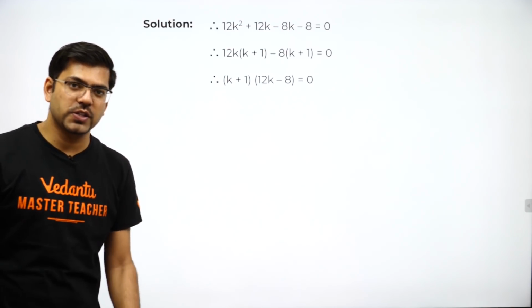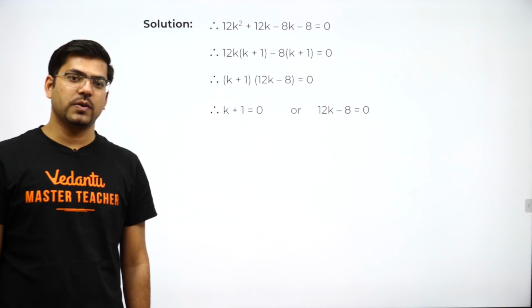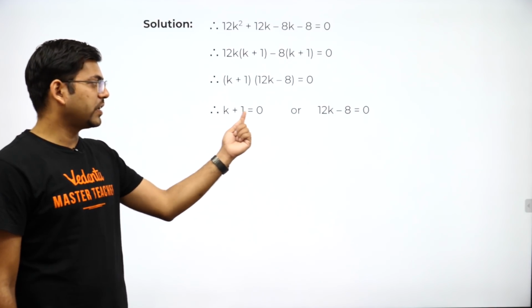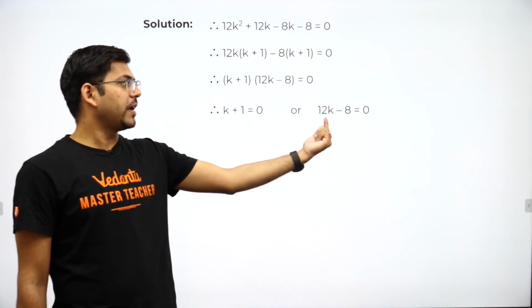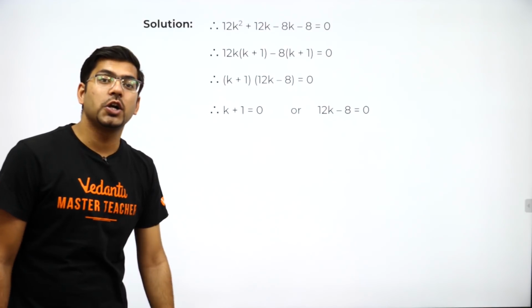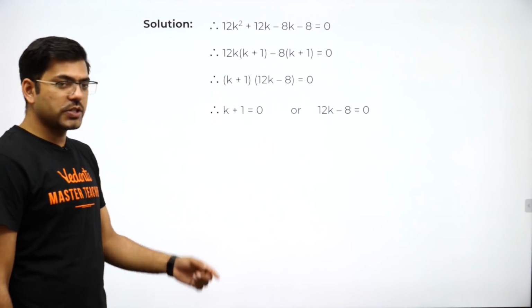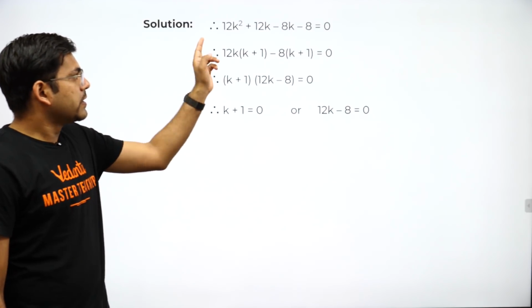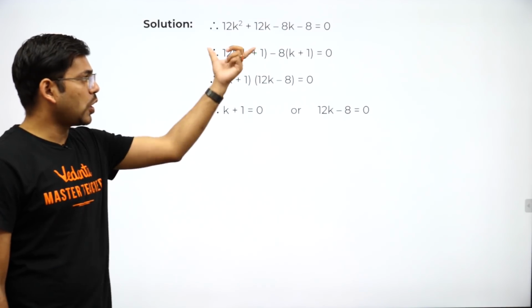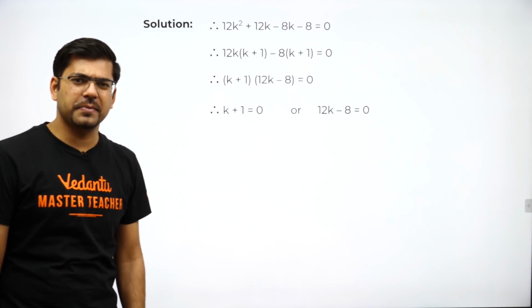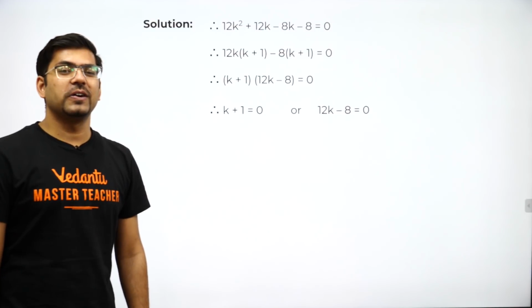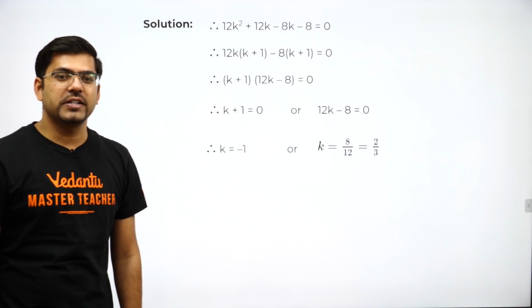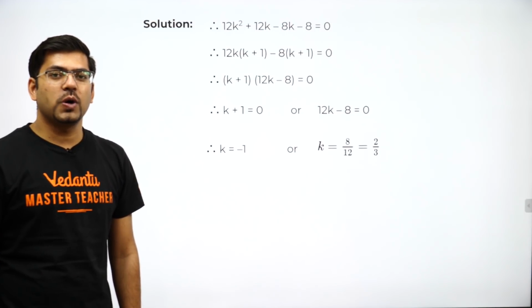Now, once we solve this, we get the value of k equal to minus 1 from here, and from here k equal to 8 by 12, that is nothing but 2 by 3. So I guess you would be understanding this question. This middle term splitting is also done here, and that's an easy one, isn't it? So now we have k equal to minus 1 or k equal to 2 upon 3.